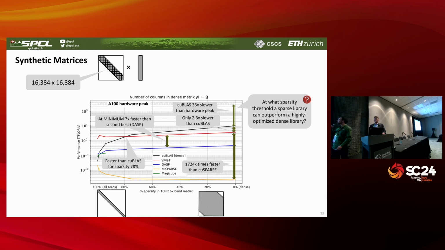Basically, even though the measured time is constant, the effective flops drops with a smaller band. Okay, so if I assume time is the y-axis, after 78% sparsity, the time for SMaT is significantly faster than cuBLAS because it's exploiting the fact that there are so many zeros. Exactly. Thank you so much.